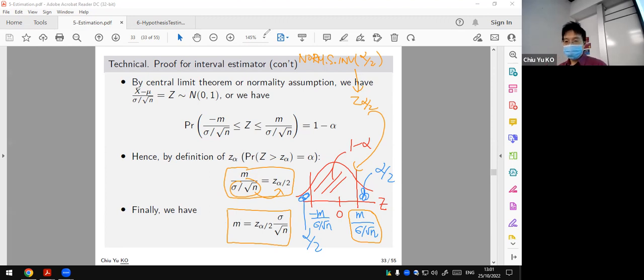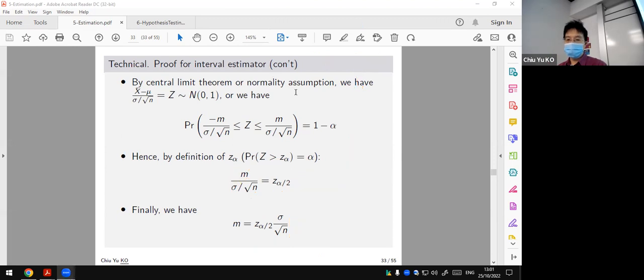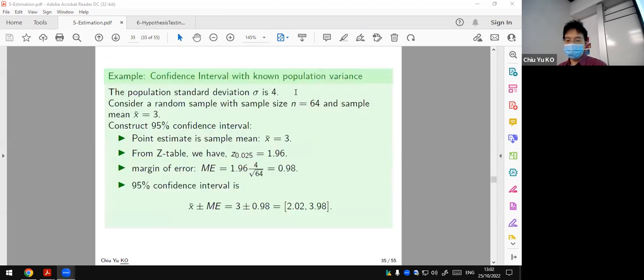I hope you can follow, but if not, take your time. Let me go over this example again. I think that is important because it is the most useful one.